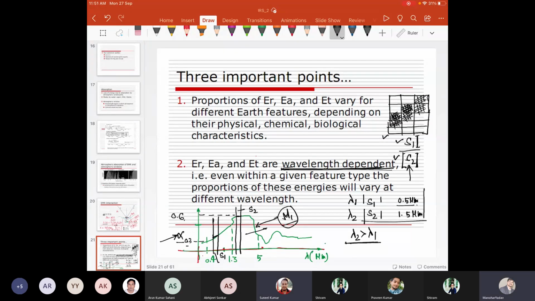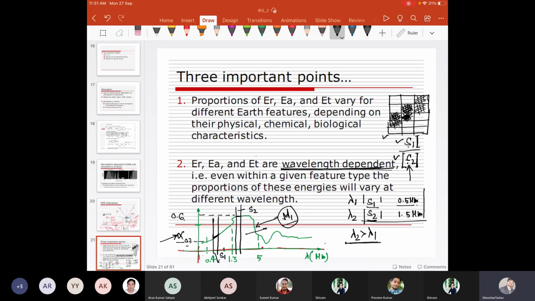Okay, it is very obvious, no? When the reflectance is different, a lesser amount of energy is reflected in the S1 band, while in the S2 band, if you talk about proportion, a larger proportion is reflected back. So in band S1 and S2, the energy coming from the same material is different.